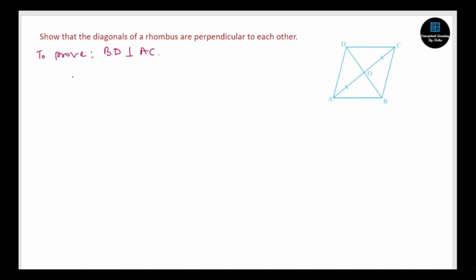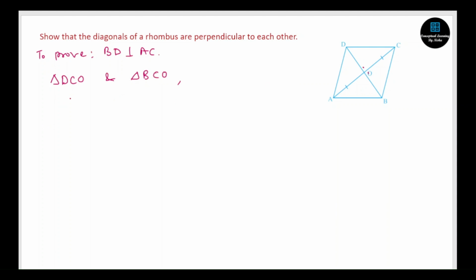I'll try to prove that these two angles are 90 degrees, so that I can prove that BD is perpendicular to AC. For that, I'll try to prove triangle DCO and triangle BCO are congruent. Okay, let's try that.